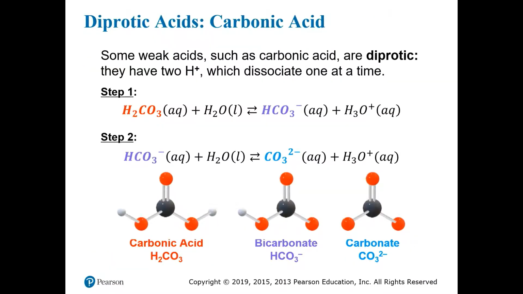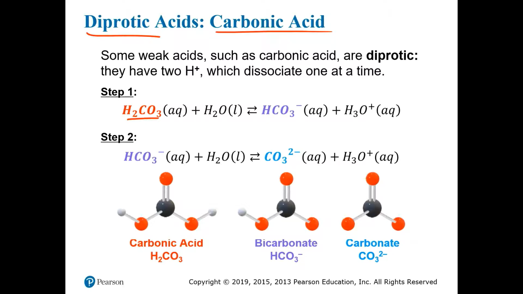Since we're talking about the dissociation of acids, now is also a good time to look at diprotic acids. These are acids that have 2 protons. Di means 2, protic refers to protons, and so these are acids that have 2 H+ ions in them, each of which can dissociate. These dissociations occur one step at a time. So for example, with carbonic acid, which is H2CO3, there are obviously 2 hydrogens here.